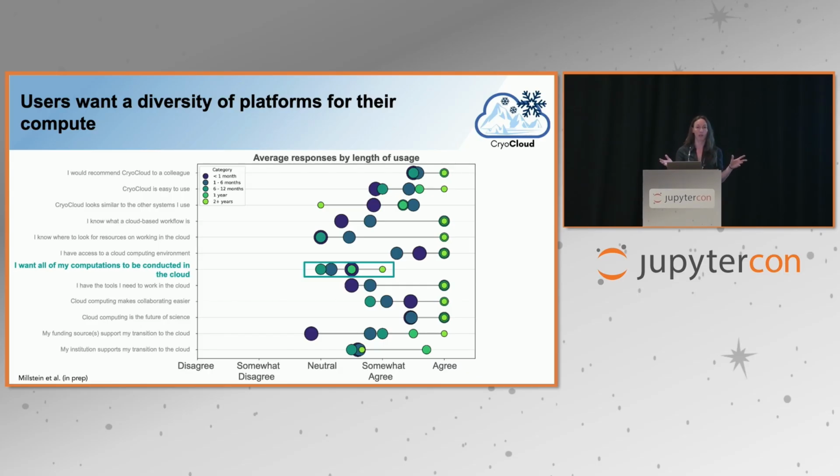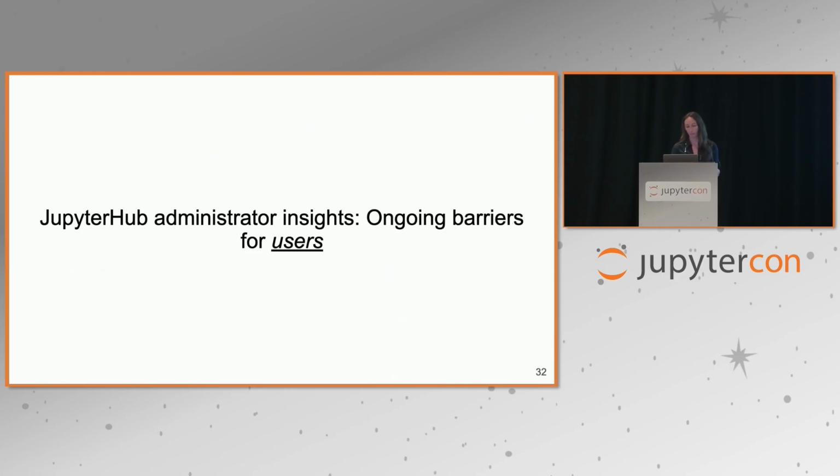Users don't want to only use the cloud. A lot of our users, if they only need one small data set, are staying on their local computer. And when they want to use big data, they're doing it on their cloud platform. So there's a lot of diversity in what our users want in terms of ecosystem of compute.